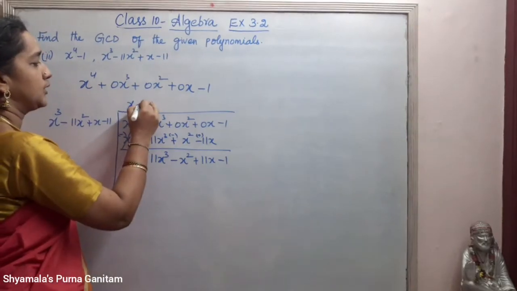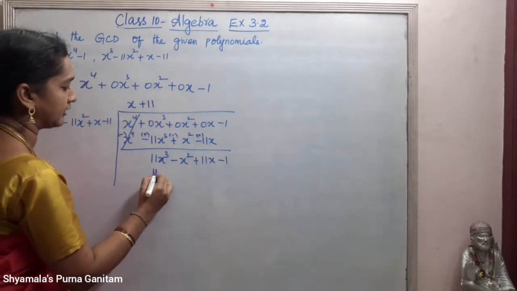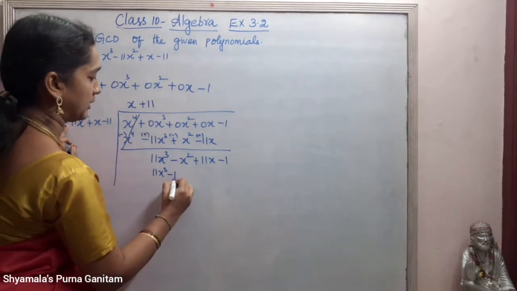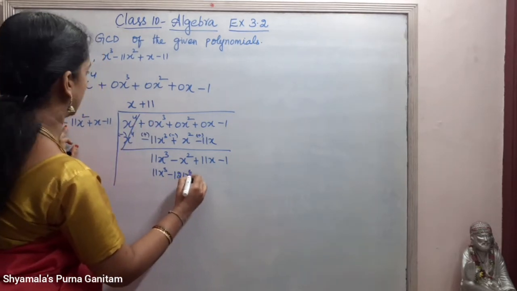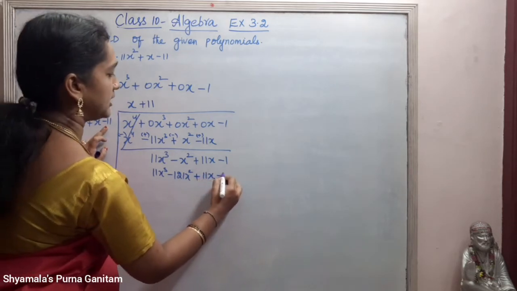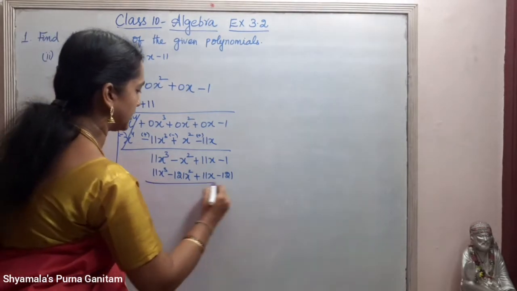So now plus 11, if we write it in the quotient, we will get 11x cube. 11 11s are 121, minus 121x squared plus 11x minus 121. Plus into minus is minus, minus 121.